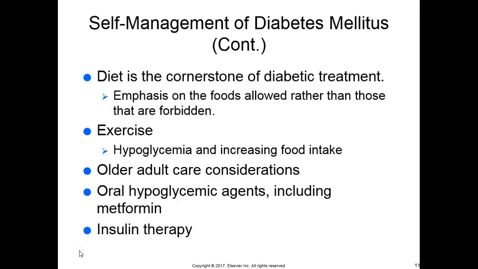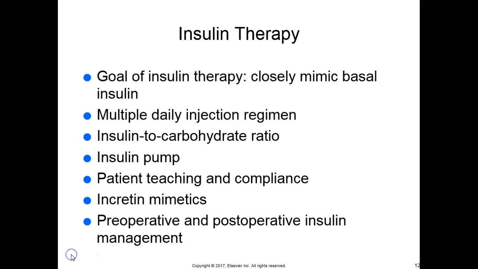I'm not going to get into too much about insulin, again, because you've had the pharmacology class, and that was covered in that prior course. So again, as a review, the goal of insulin therapy is to closely mimic the basal insulin that the patient has or should have normally.